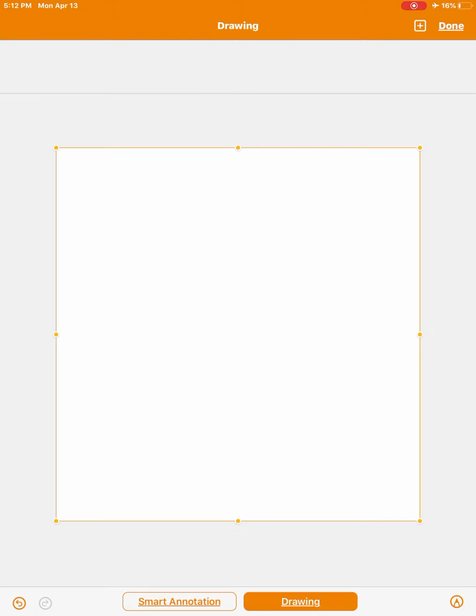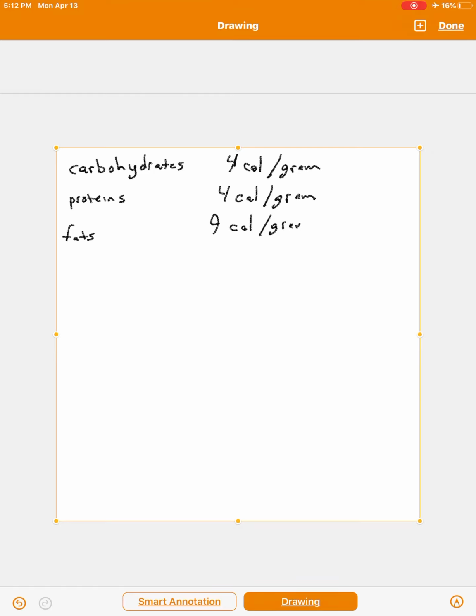You may have heard that carbohydrates, which would be like sugars or vegetables, those sorts of things, have 4 calories per gram. So a gram of carbohydrates has 4 calories. You may have heard that proteins are the same thing, 4 calories per gram. And you may have heard that fats have more energy, 9 calories per gram.